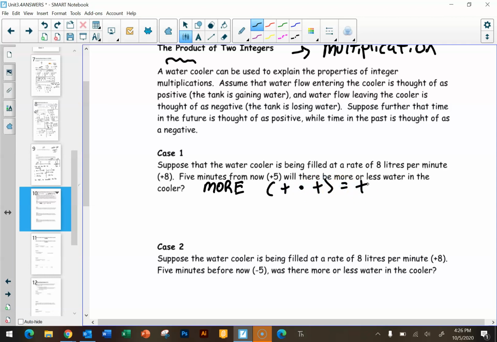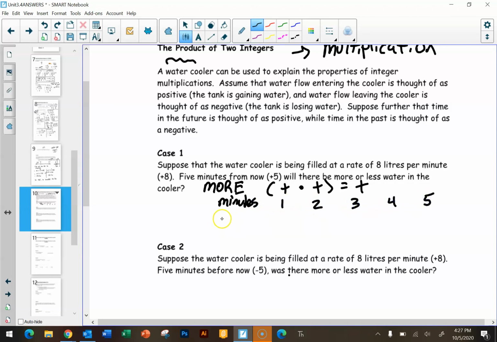Now, if we want to do the actual math here and think about what multiplication actually is, multiplication is just repeated addition. So for every minute, we're adding 8 liters. So if you think about it, for 5 minutes, let's just look at minutes here. There's 1, 2, 3, 4, 5 minutes.